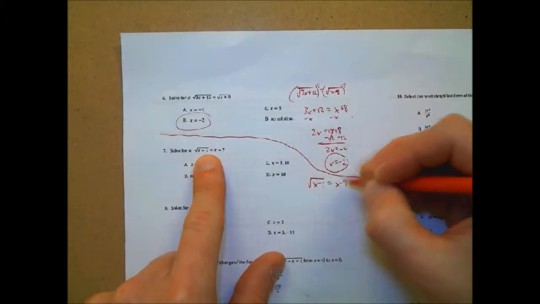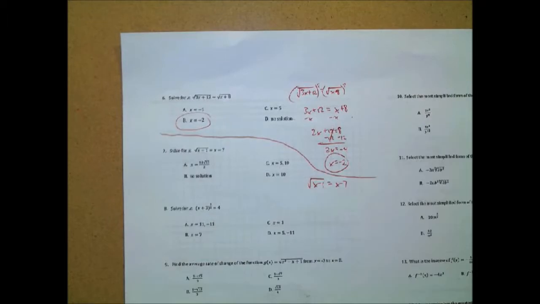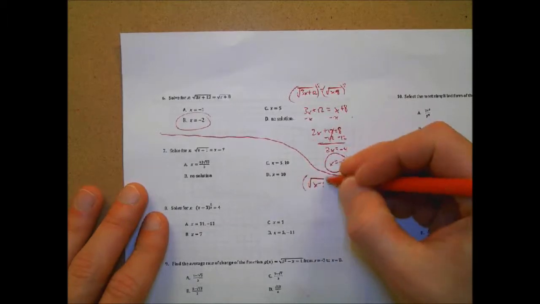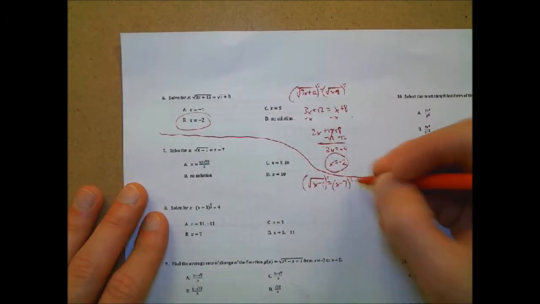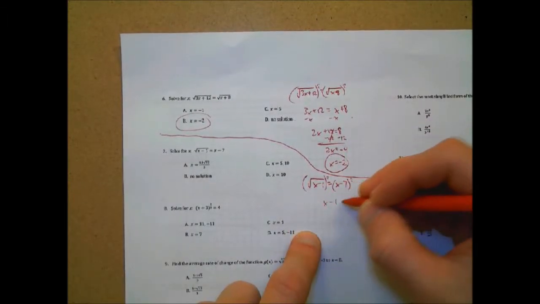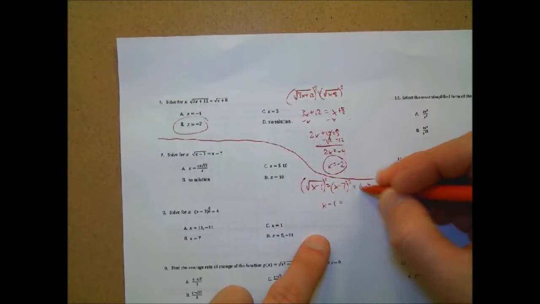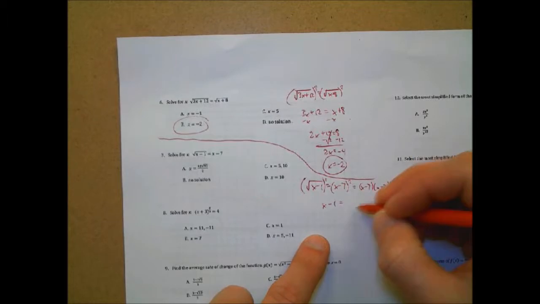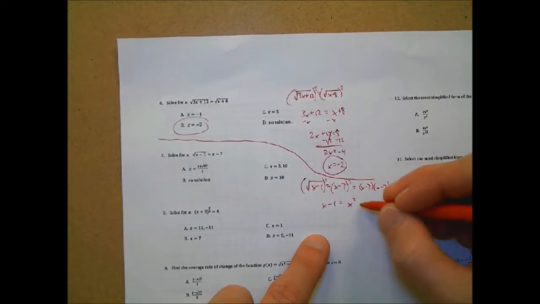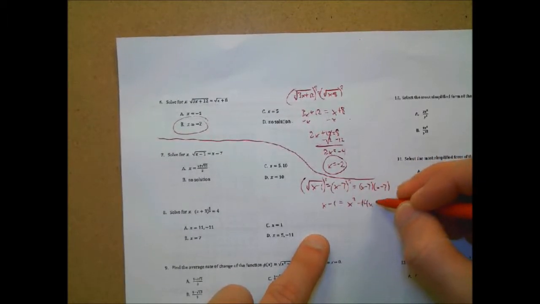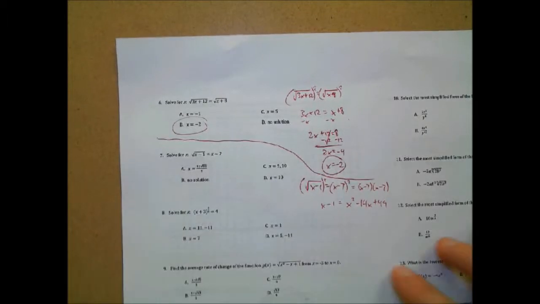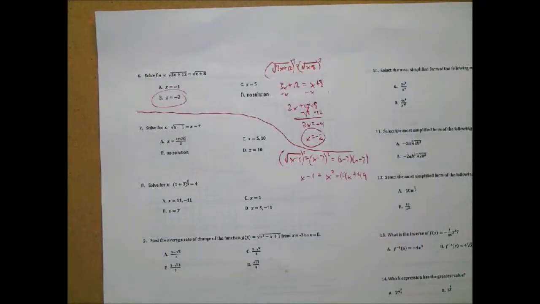Okay, so again, in this one, what should we do to both sides to start things off? The radical is already isolated, so we'll just square both sides. This simplifies to x minus 1. This simplifies, well, we have to FOIL it out. This is like what we talked about earlier. We have to do x minus 7 times x minus 7. So if you'll permit me, I'll just do it all at once. We get x minus 1 equals x squared minus 14x plus 49.